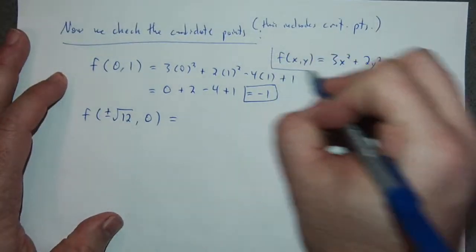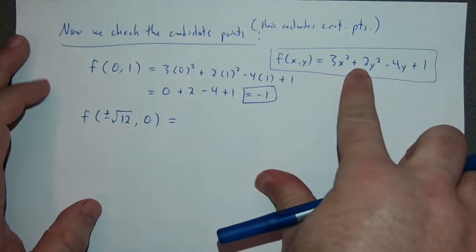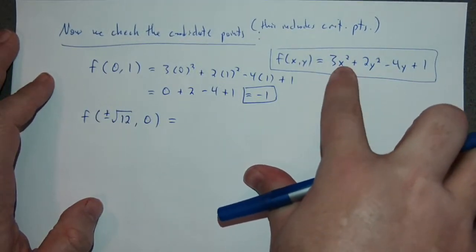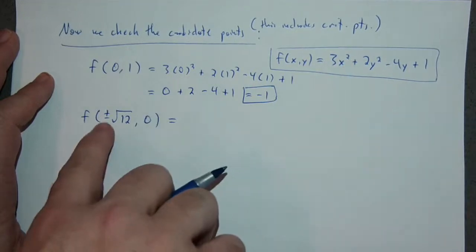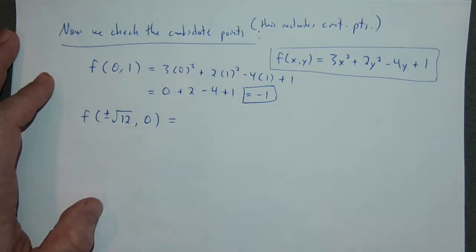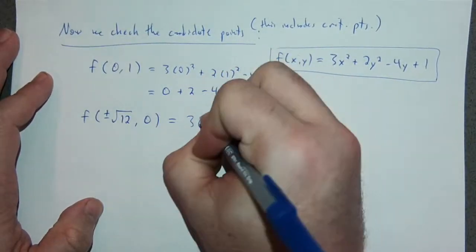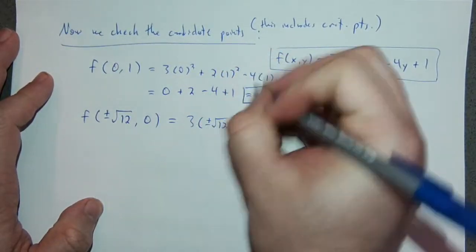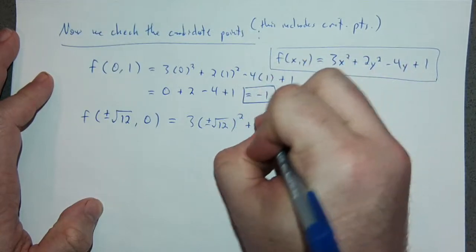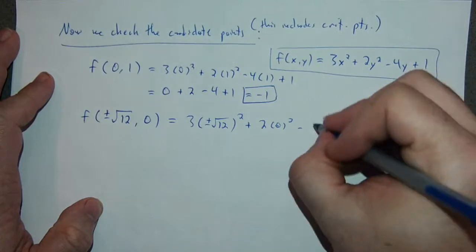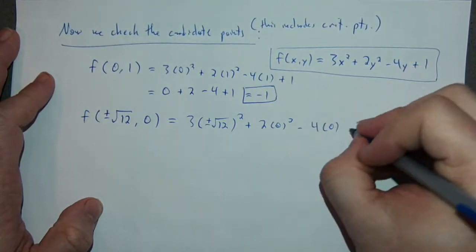The function here is 3x squared plus 2y squared minus 4y plus 1. The only x term here is an x squared, so it doesn't matter whether this is plus or minus, so that's why I can check both of them. I have 3 times plus minus root 12 squared plus 2 times 0 squared minus 4 times 0 plus 1.